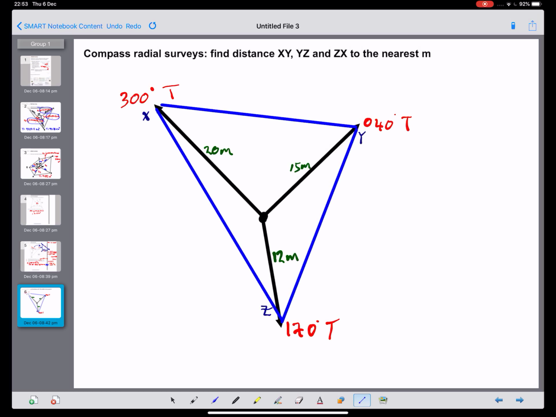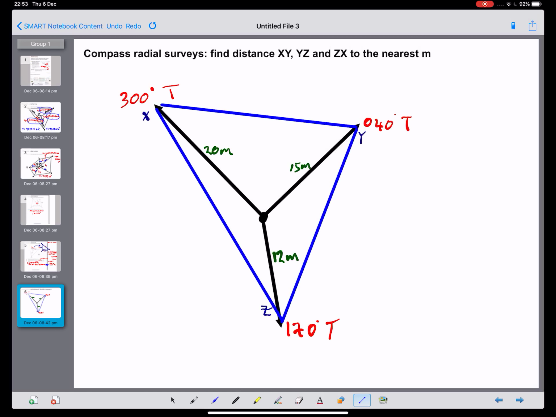Okay, so first thing is to find what the various angles are. So you should have done that now. Let's insert a north. It's the wrong way. Undo. Okay, we need end, not start.